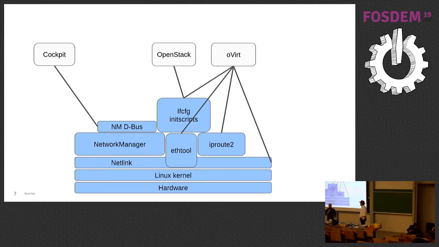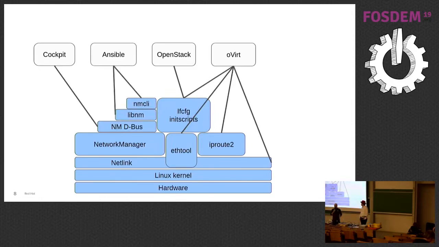Does anyone know what is Cockpit? No. So if you want, on a CentOS or Fedora system, actually it works on others, but if you want to configure disk and networking and other stuff, you have a web interface that you can configure that. It talks with D-Bus on the Linux and through the NetworkManager.